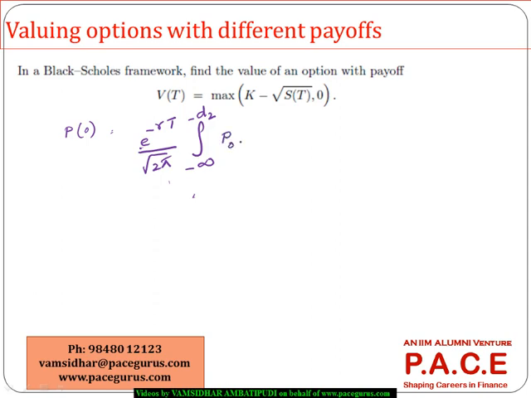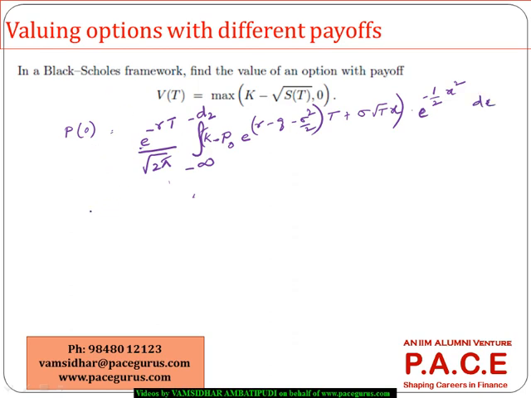I'm taking P0 e^((r minus q minus sigma squared by 2) T plus sigma root T x), right? So I want K minus PT, that is the expected value, so I'll do it as K minus this. And what is the equation for a standard normal variable Z? It is e^(-x squared by 2) dx.